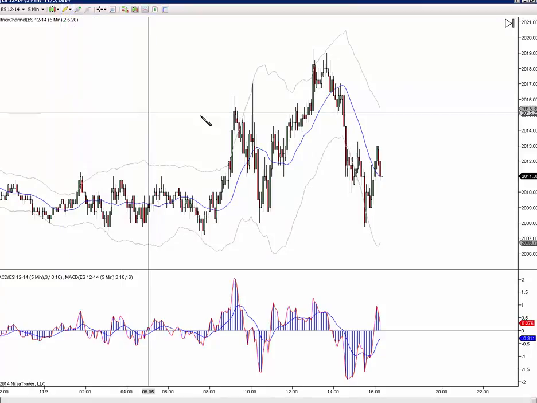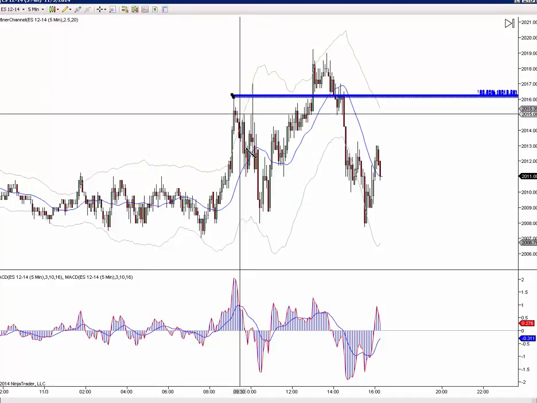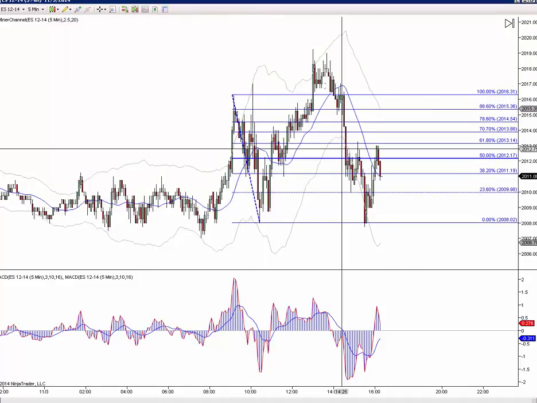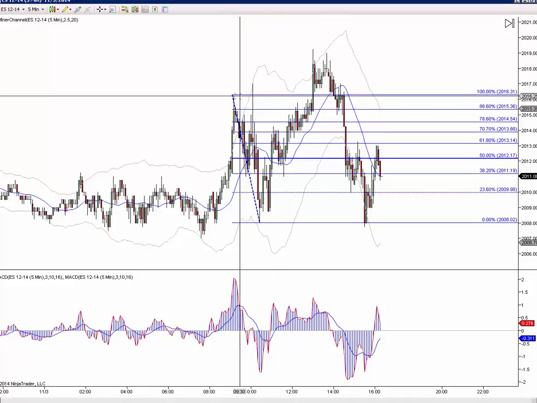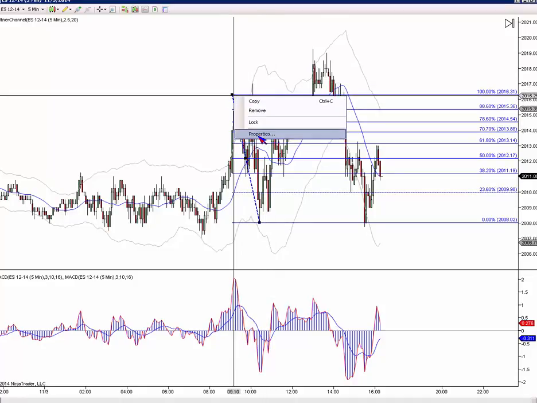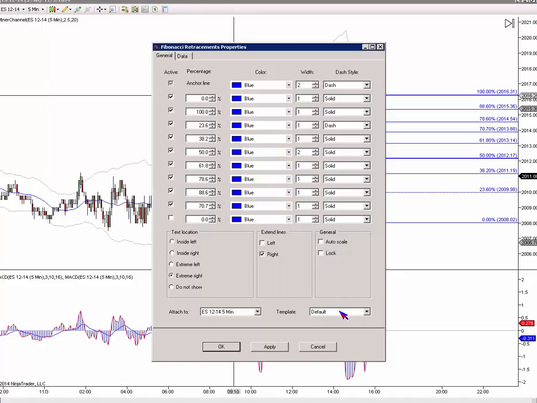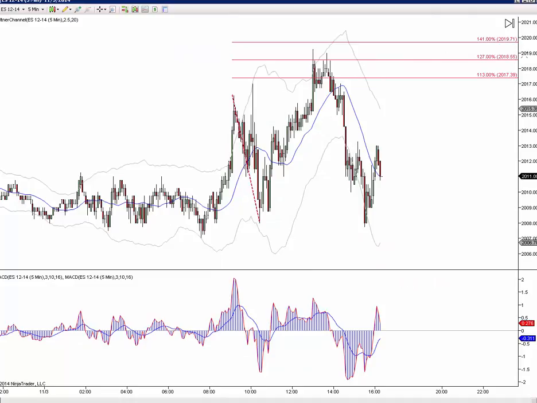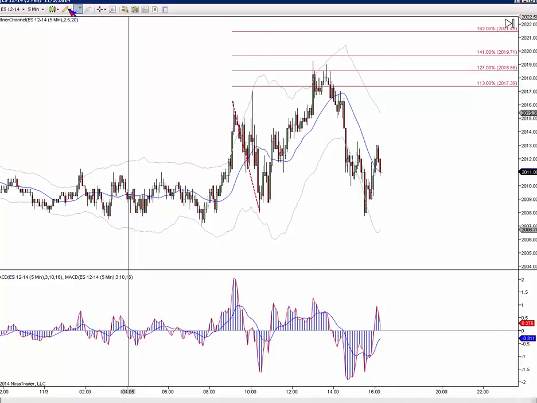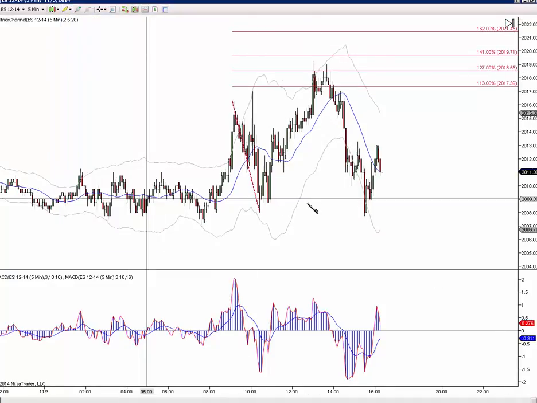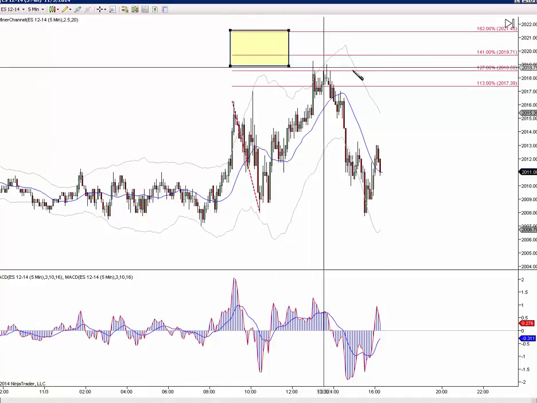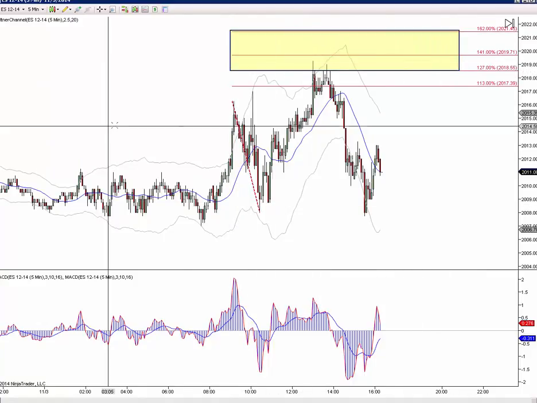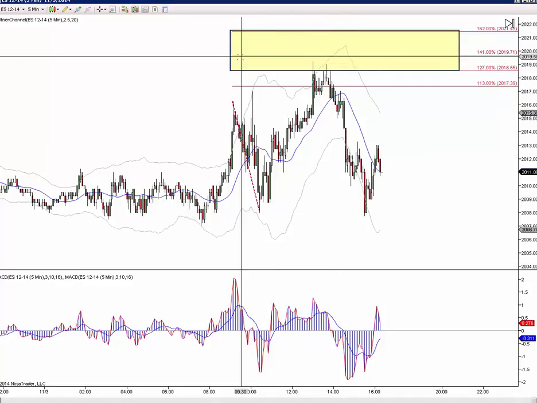All right. So now what we did was we put in a Fibonacci retracement. I'm not sure if this was a bad tick or not, but I know for a fact that was the proper area right here. So if we look at this in terms of an extension, we felt in the opening play video that if we can go up to the 1272 to the 1618 extension, that's going to be an area to watch.